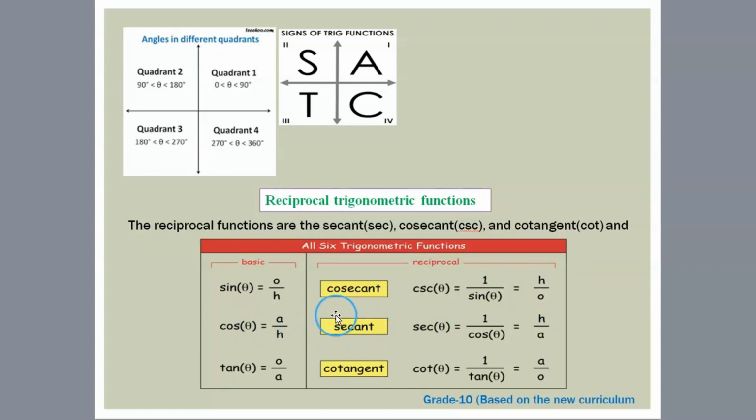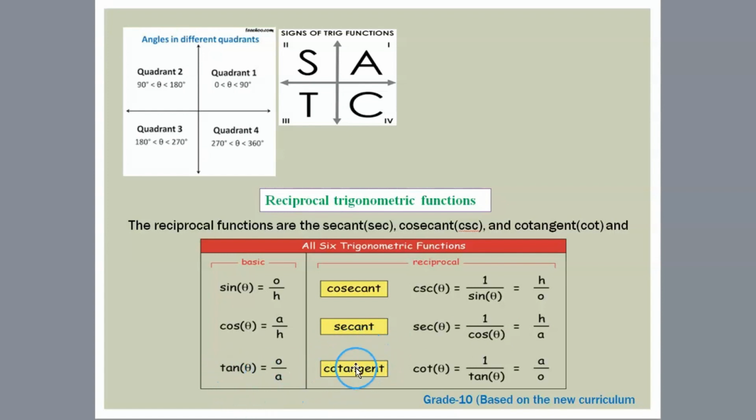Secant, for example, is the other reciprocal trig function, and it is the reciprocal of cos. Therefore sec theta is 1 over cos theta. Cos we know is adjacent over hypotenuse, so when we invert this, sec is hypotenuse over adjacent. The other reciprocal function is cotangent. Cotangent is a reciprocal of what? Tan.